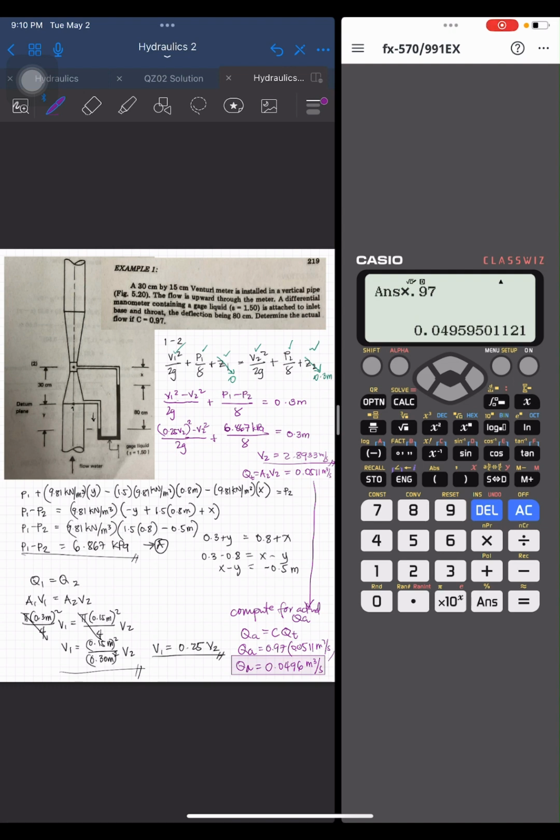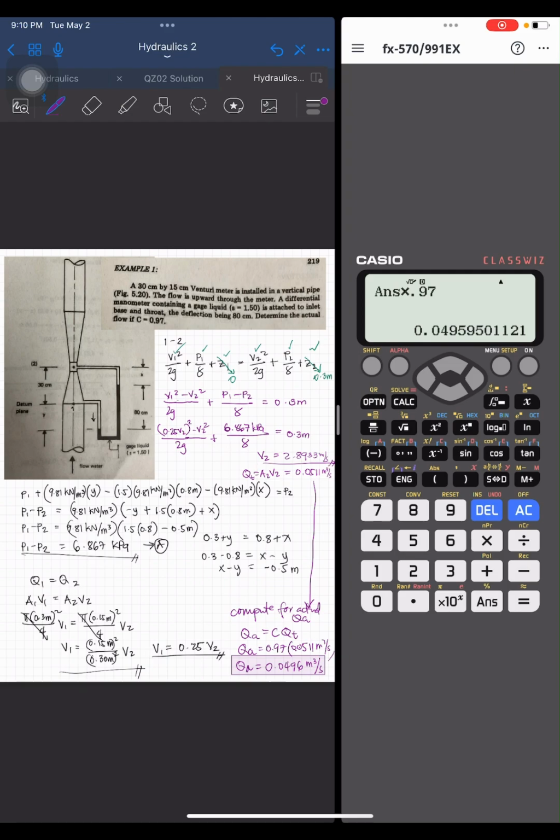So if you would compare your answer to the one that is shown in your book, this is quite lengthy, but this is short. Hindi siya shortcut, no? Pero pares lang siya ng sagot. Isa lang ang kailangan mong tandaan, Bernoulli energy equation lang. Okay?